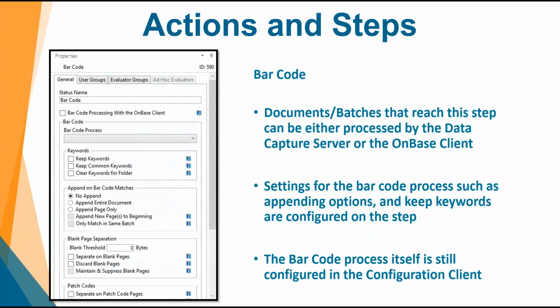With these custom scan queues, however, we now have the option to select a configured barcode process here, which will leverage the data capture server to execute that barcode process. We also have some additional processing options such as appending, blank page separation, and patch codes.